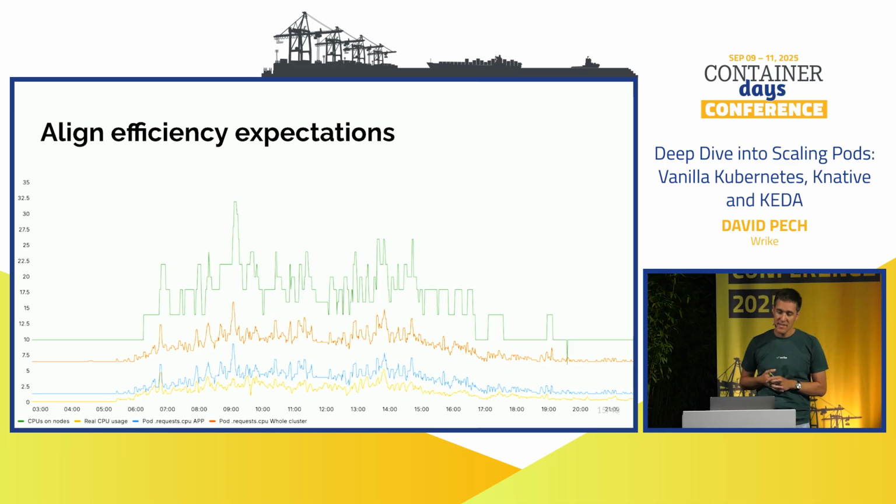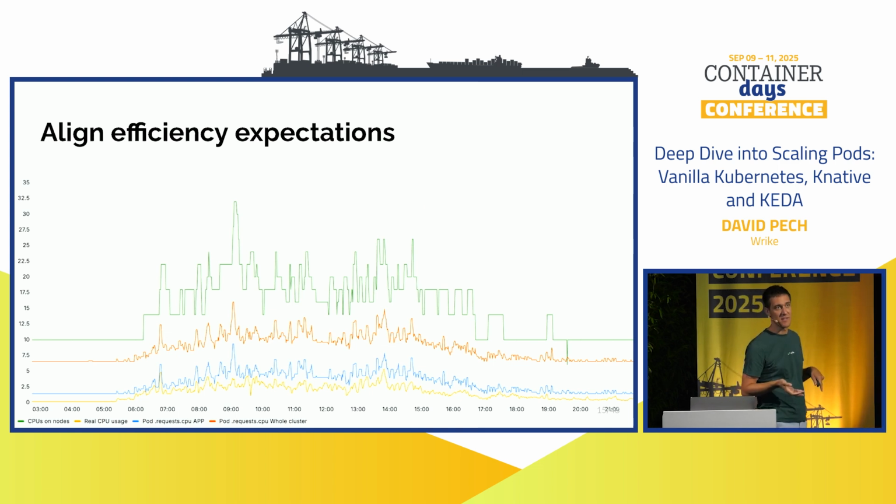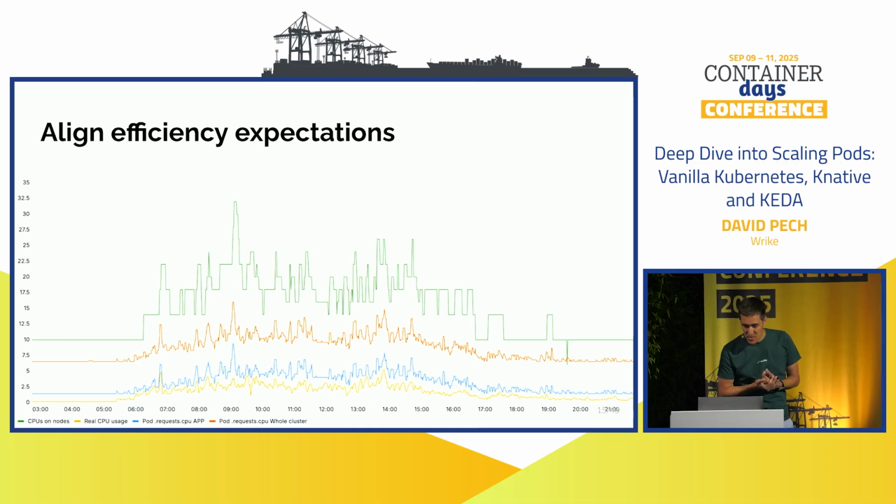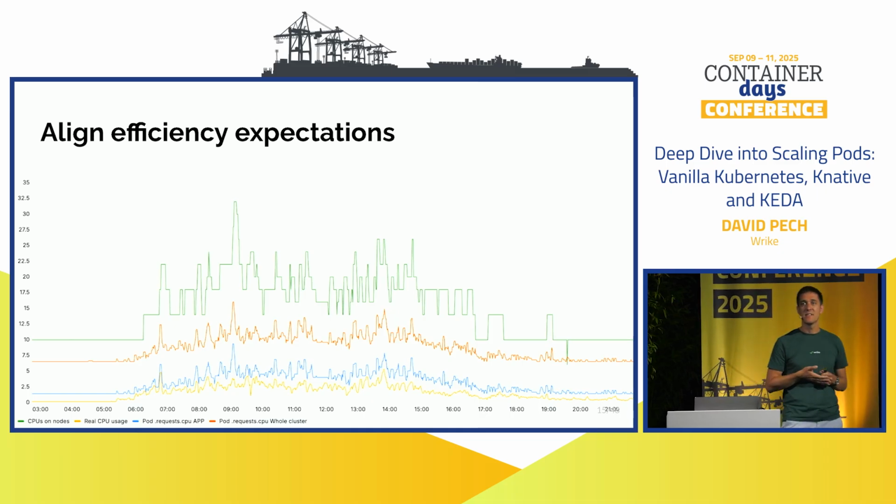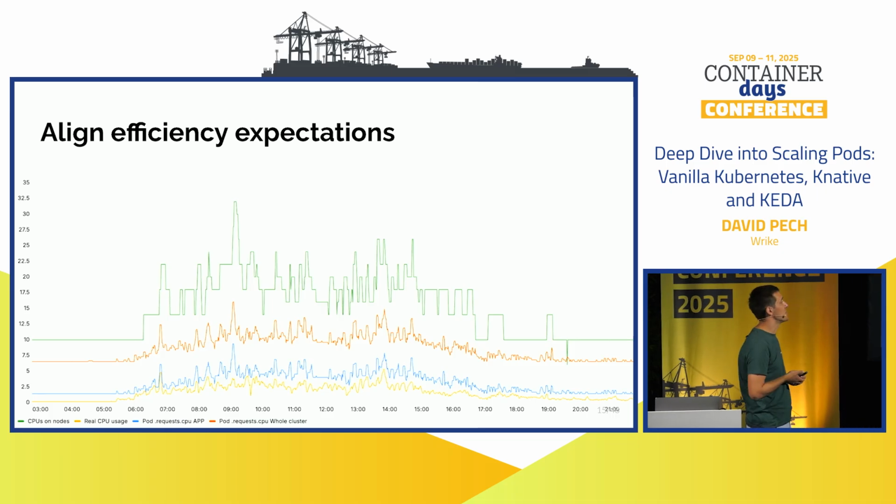The blue one is our application. You can see, for example, that there is already a large gap between our application and the whole cluster request, because we run some auxiliary infrastructure there, right? And the yellow one is our real CPU usage.